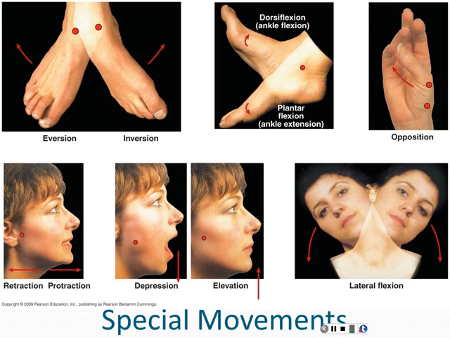Depression is to lower the jaw, and elevation is to raise the jaw. The jaw can also move laterally too. You can throw your jaw out to the left or right as well, which would be a lateral or left or right deviation. All right. And then we already talked about lateral flexion at the neck and the trunk.